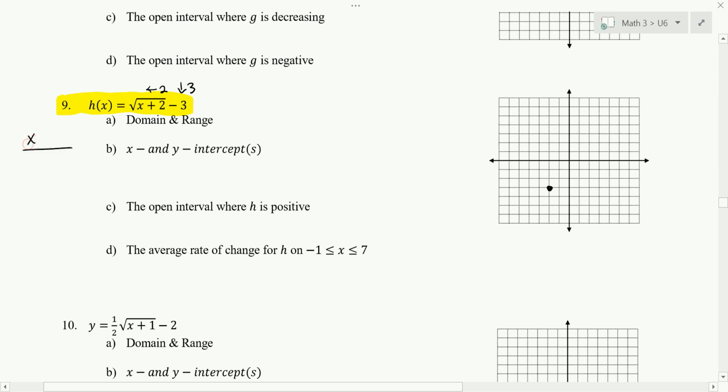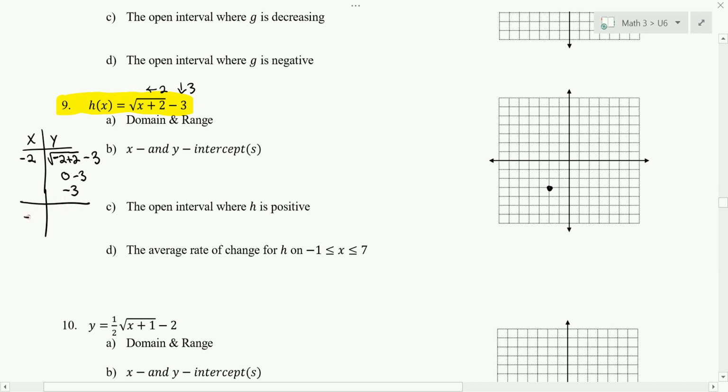If I plug in negative 2 for x, I get the square root of negative 2 plus 2, minus 3, and that's 0 minus 3, or negative 3, and that's our starting point.